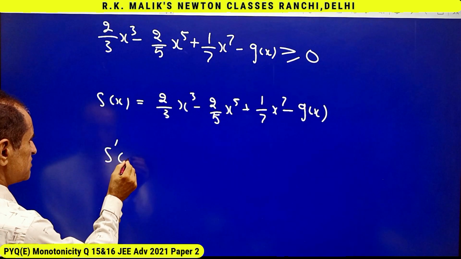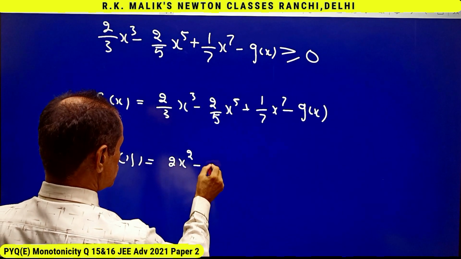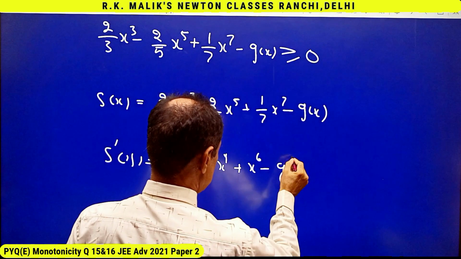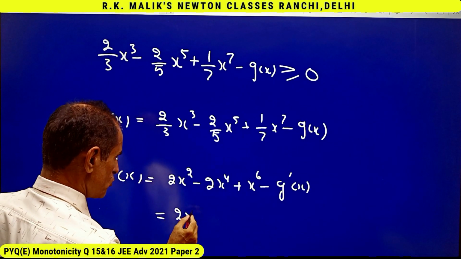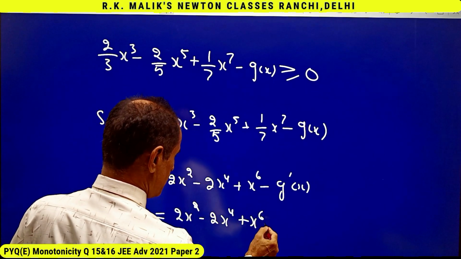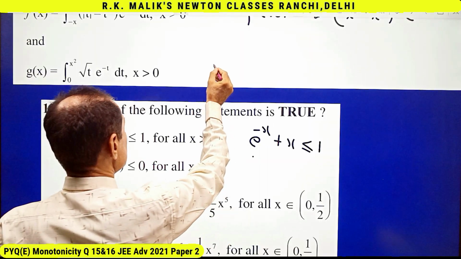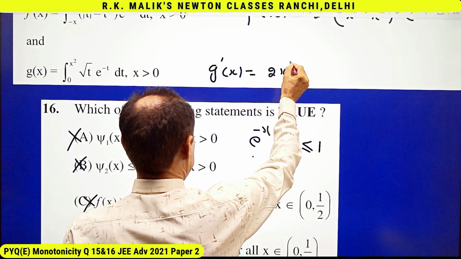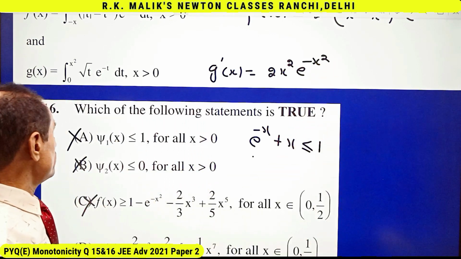That is the main point now, to check the sign of s dash x. It is clear that s dash x is 2x square minus 2x power 4 plus x power 6 minus g dash x. Recall that in previous choices I have already proved that g dash x is 2x square e to the power minus x square.